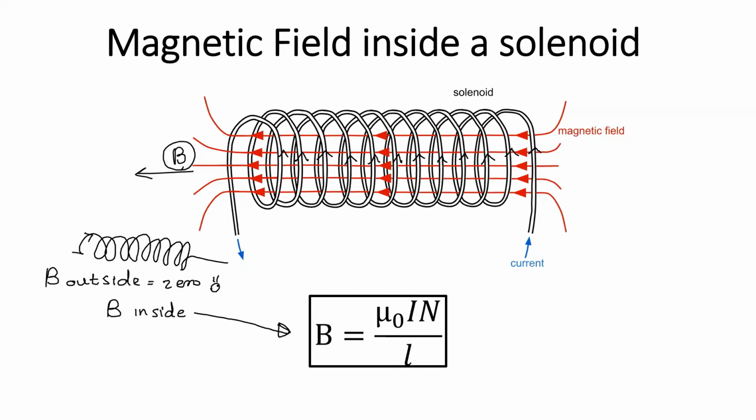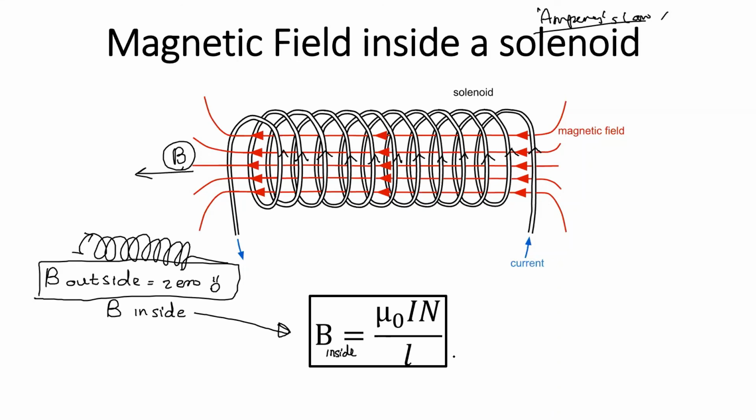You will learn about this when we go to the next part of the lesson, called Ampere's law. But for now, for multiple choice questions, just remember that the B field outside a solenoid is 0 and inside is given by this equation.